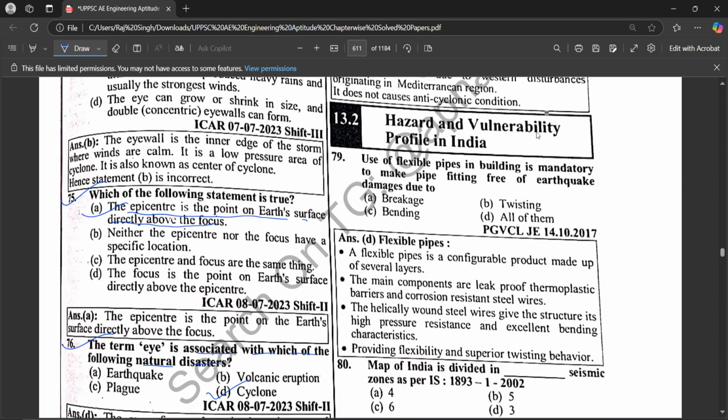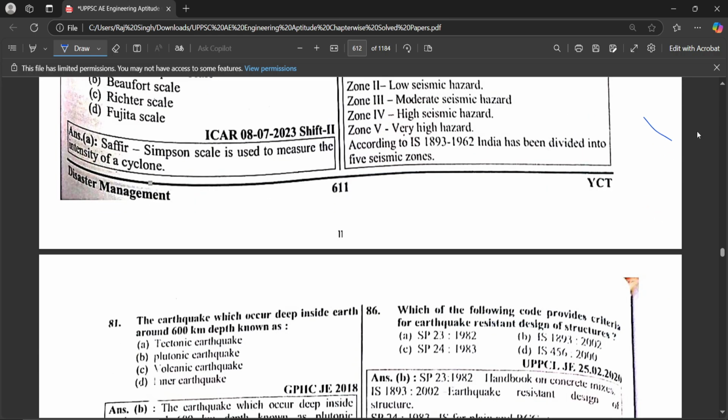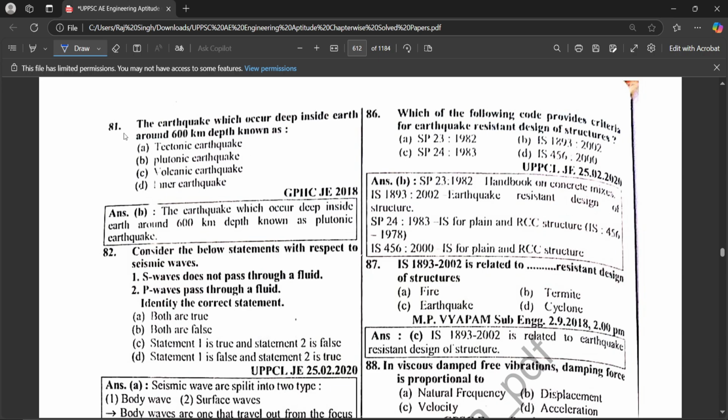Hazards and vulnerability profile of India: use of flexible pipes in buildings is mandatory to make pipe fittings free of earthquake damage due to breaking, twisting, bending. Map of India is divided into four seismic zones. The earthquake which occurs deep inside Earth around 600 kilometer depth is known as plutonic earthquake.